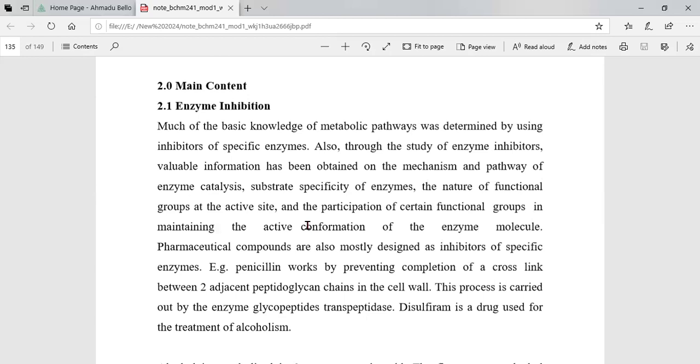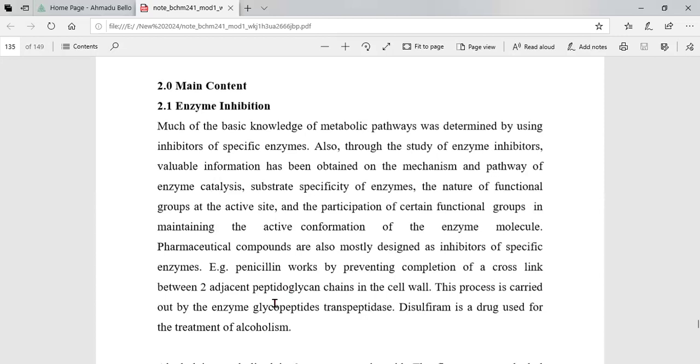The study of enzyme inhibition gives us valuable information on the mechanism and pathway of enzyme catalysis, the substrate specificity of enzymes, the nature of functional groups at the active site, and the participation of functional groups in maintaining the active conformation of the enzyme molecule. Pharmaceutical compounds, usually drugs, are mostly designed as inhibitors of specific enzymes.